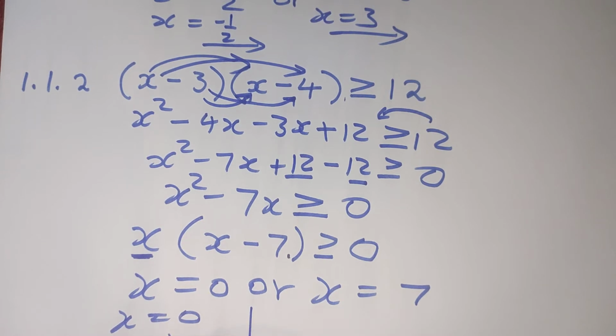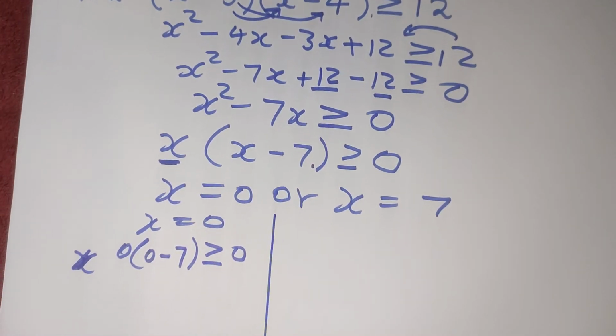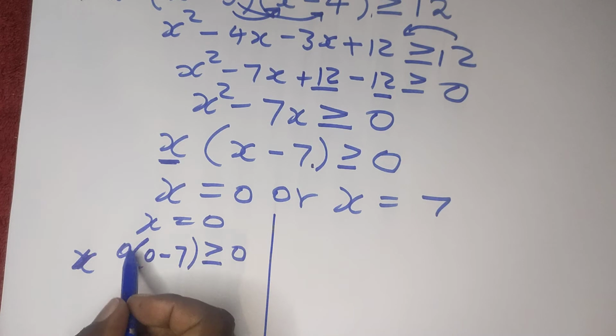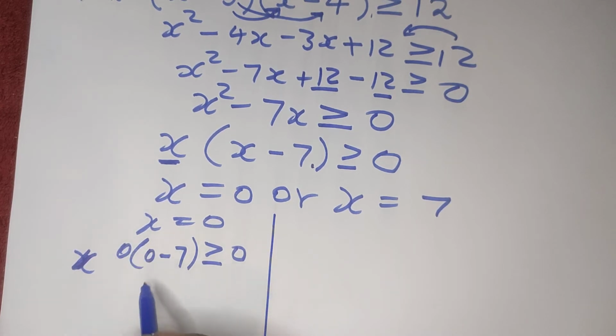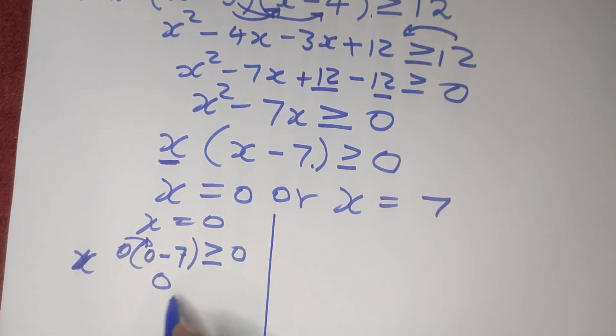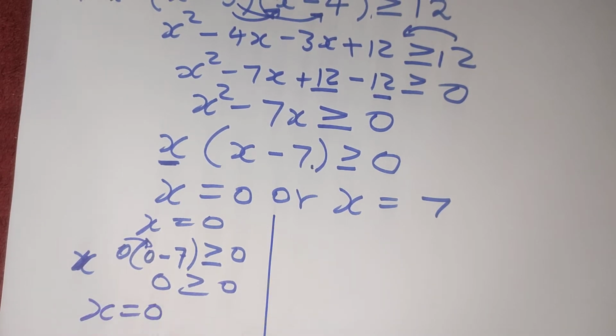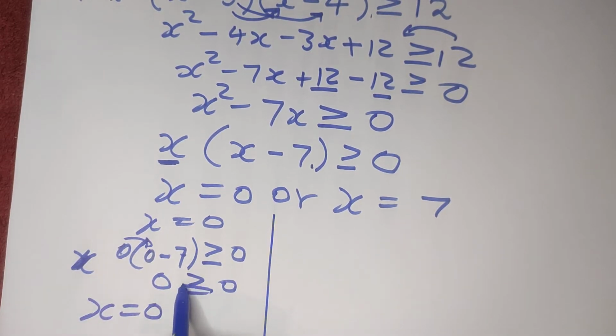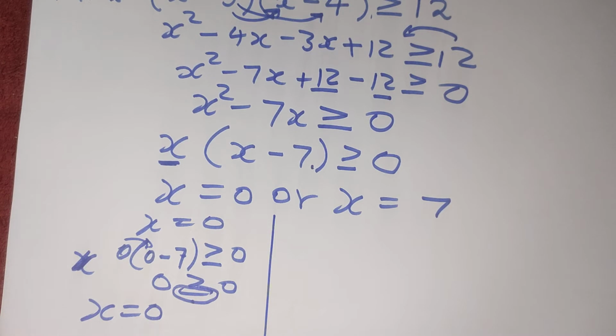Our final answer is 0. 0 multiplied by 0 gives 0, and 0 is greater or equal to 0. So x equal to 0 is supported because there is an equal sign there. It's greater or equal, so x equal to 0 satisfies a portion of the equation.